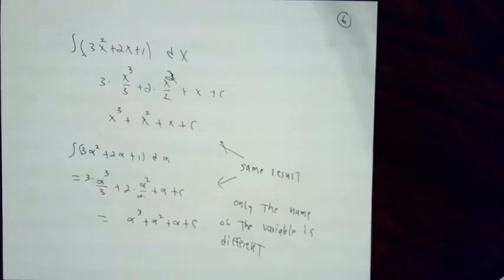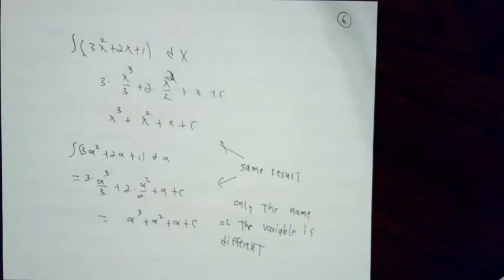Suppose somebody worked a similar problem except the name of the variable was alpha instead of x. Following the same rules, the antiderivative is alpha cubed plus alpha squared plus alpha plus a constant of integration. These are the same answer, except for the name of the independent variable.